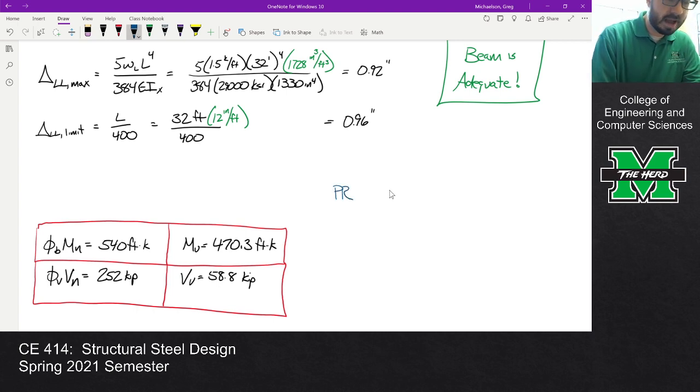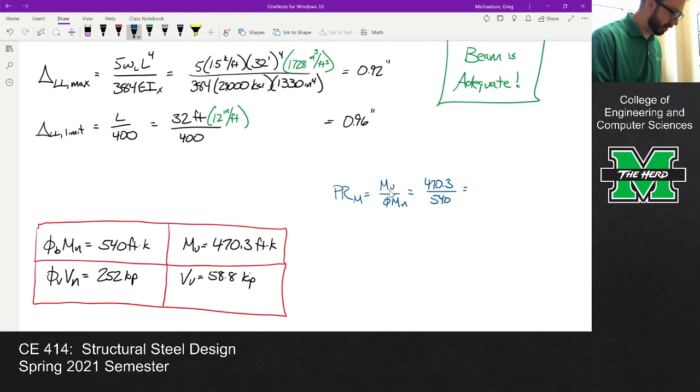Sorry about that. If I wanted to compute a performance ratio, let's say for moment, I would take mu over phi mn. So I would take 470.3 divided by 540, and I would get 0.871.